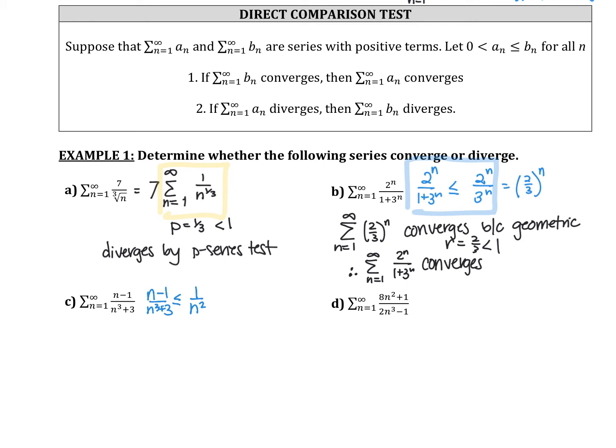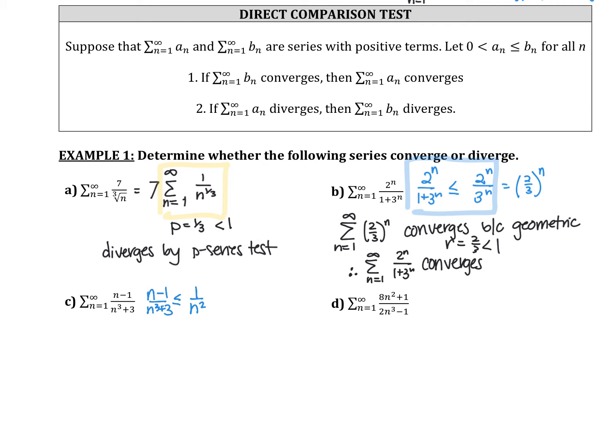Like if we plug in 1, 1 minus 1 is 0 in the numerator, that would be less than 1 over 1. If I plug in 2, I'd get 1 over 8 plus 3 is 11. Compare that to 1/4. I know that 1/11 is less than 1/4, and we could keep going. But that n cubed plus 3 is going to make the denominator quite a bit bigger, which makes the whole fraction smaller.